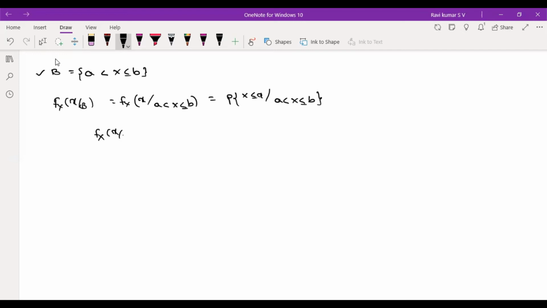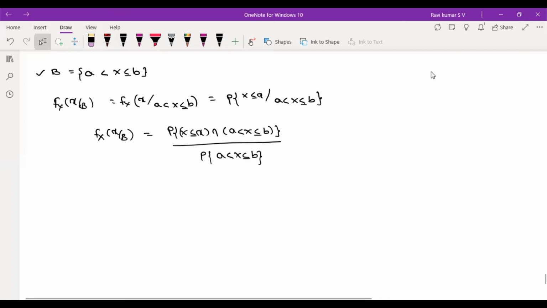Then F_X(x | B) is equal to the probability of X less than or equal to x intersection a less than X less than or equal to b, divided by the probability of a less than X less than or equal to b.